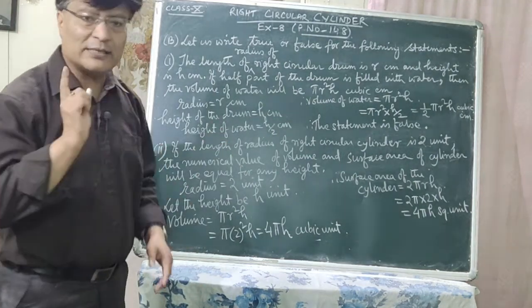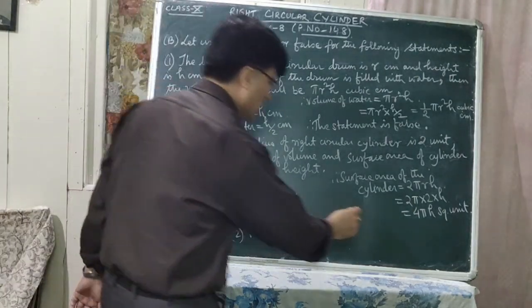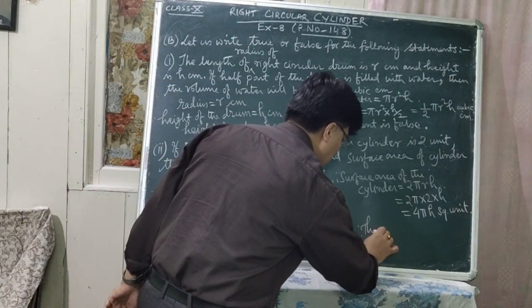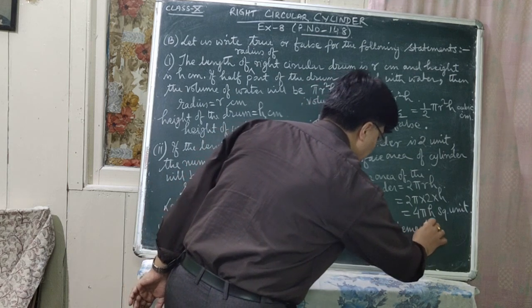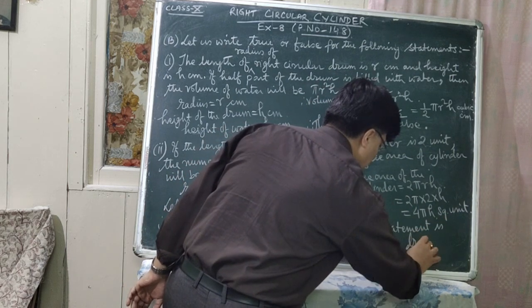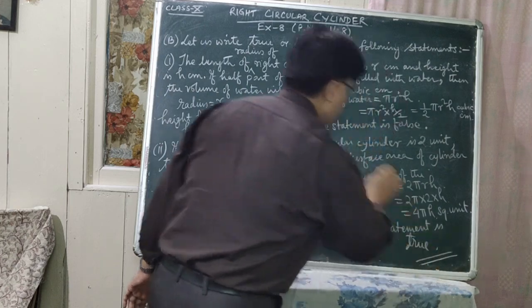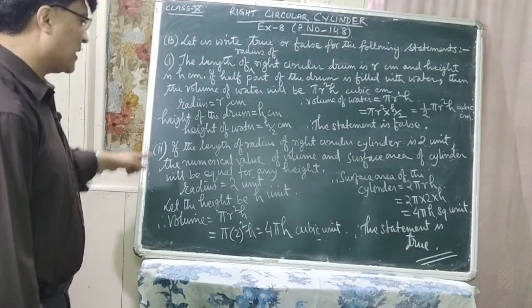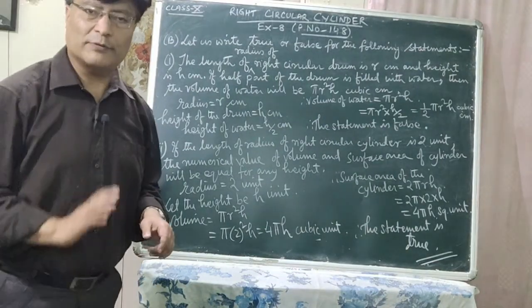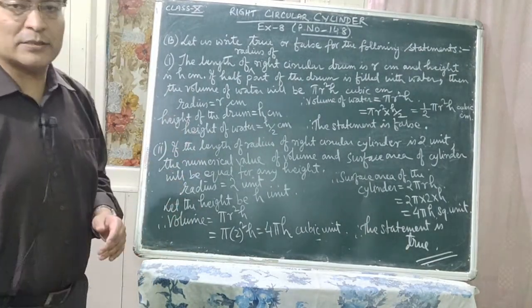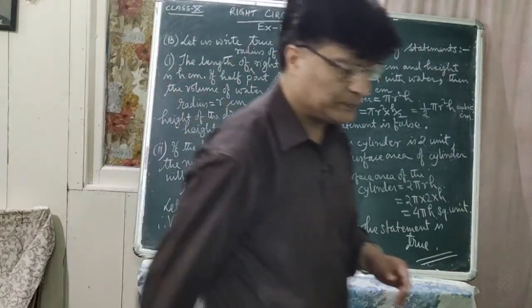So the statement is true. So the answer for this second part is that the statement is true. I think you have understood it. So you can copy it. Now we'll do the next question.